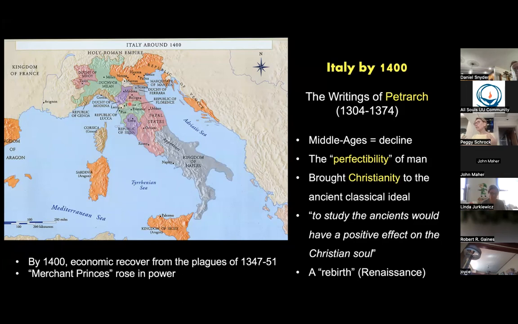He called it the third age of man. The first age would have been antiquity. The second age was the Middle Ages, the decline. And now the third age they thought of as a rebirth, and he called it the Renaissance. And that was going to revive classical thinking and get rid of all of that old medievalism.